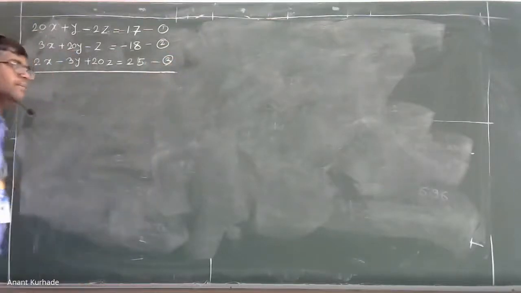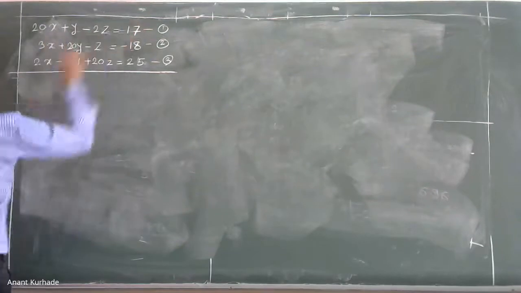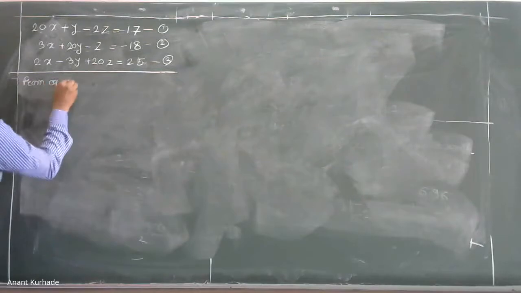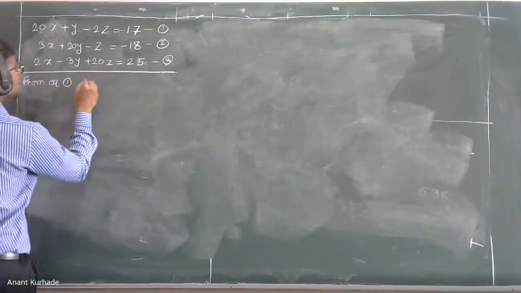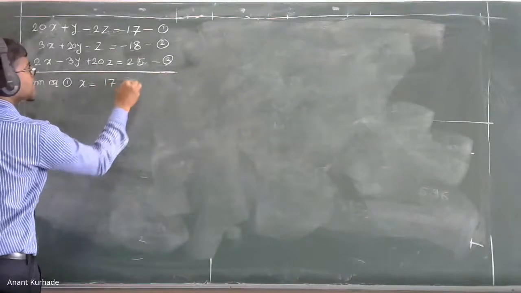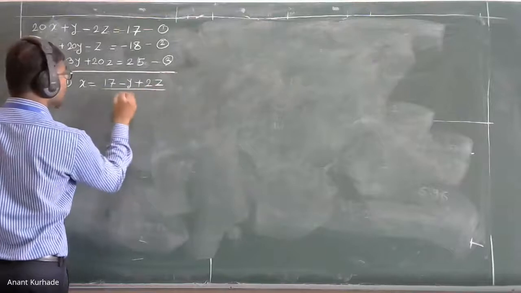What is the next step? You have to separate x from the first equation. So from equation 1, we have x is equal to 17 minus y plus 2z divided by 20.